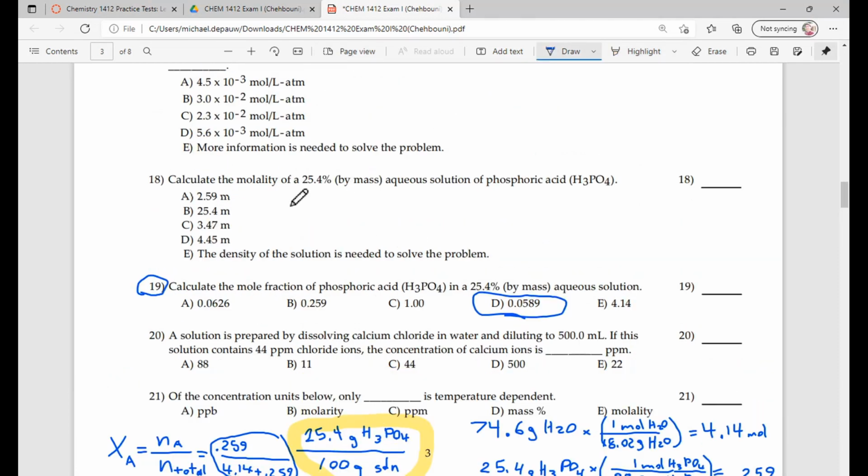We're going to start with our 25.4 grams of phosphoric acid, H3PO4, and that's the percent by mass, which means that's per 100 grams of solution.